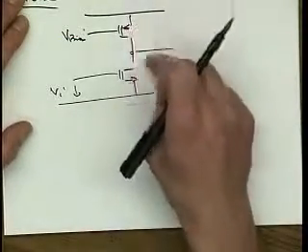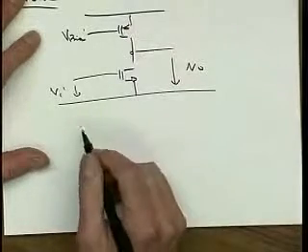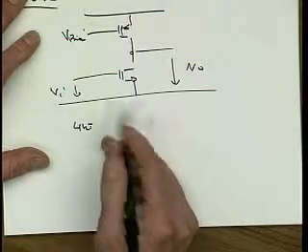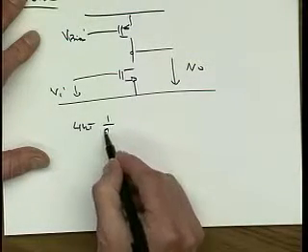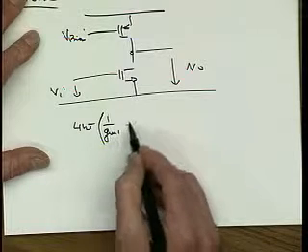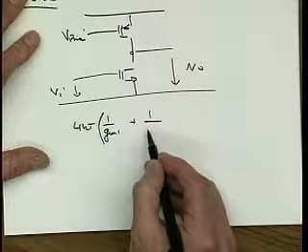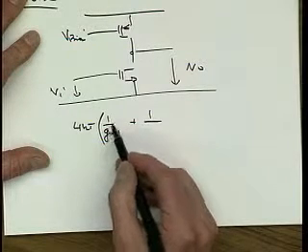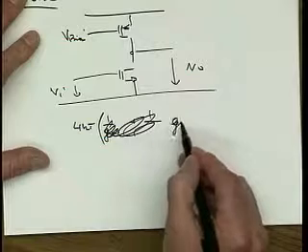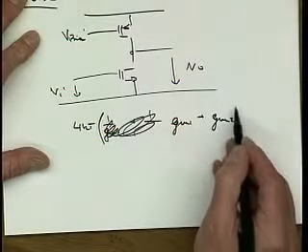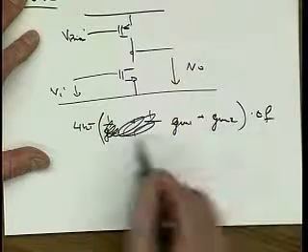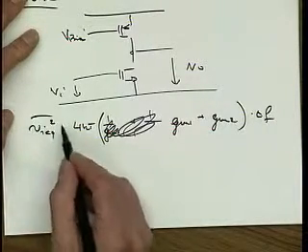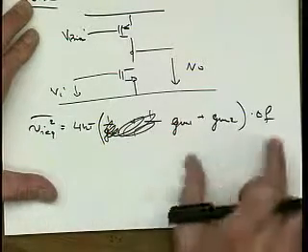The key is that we can easily calculate the total current noise that flows out here. That would be 4kT times (2/3)(GM1 plus GM2) times delta F. That's the total current at the output.